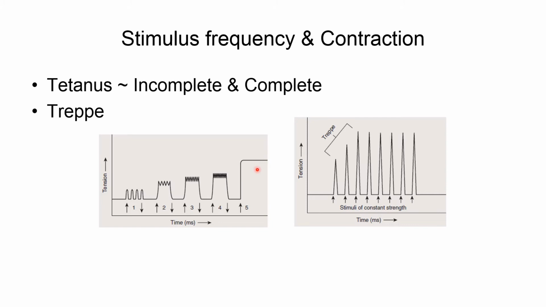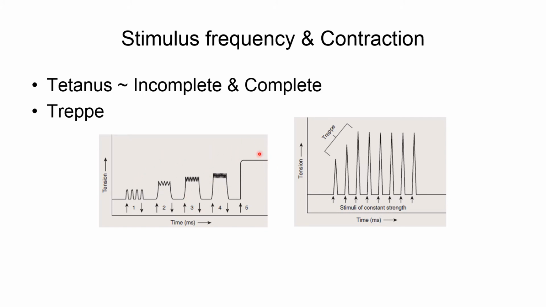This is because the cross bridges are not getting detached, they are attached and producing a continuous force, and that is called complete tetanus. Here at 2, 3 and 4 it is incomplete tetanus, where the cross bridges are broken for a short time, and that is called incomplete tetanus.